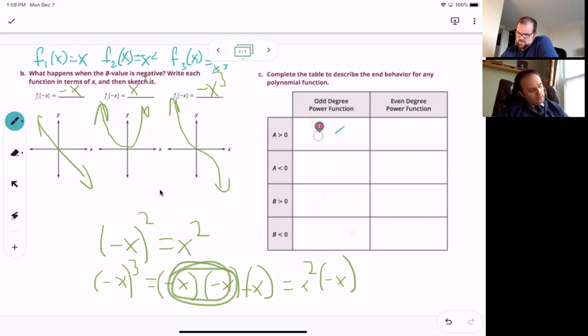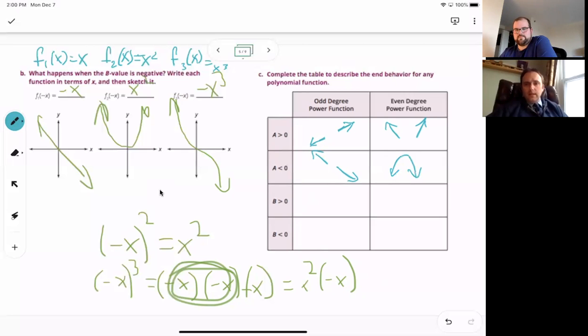I feel like drawing, and I'll erase the middle of this, might be the best option for us in terms of fitting stuff in here. So an even degree, you're going to be up, up. So that's like x squared. And then if we make a negative, we flip those things. So it's like a negative slope and a negative concavity.